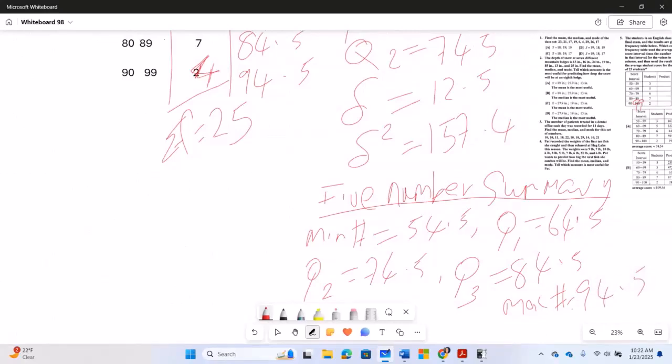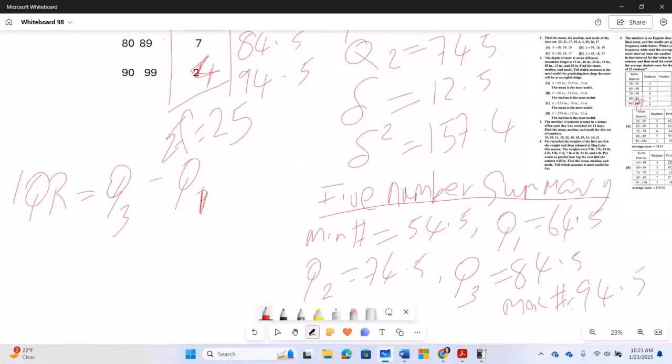Okay, so now that I have all the statistics that I'm asked to find, suppose I'm told to find the interquartile range also. Remember, we know the interquartile range, IQR. The IQR is equal to the third quartile minus the first quartile.